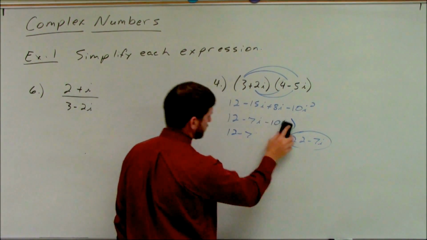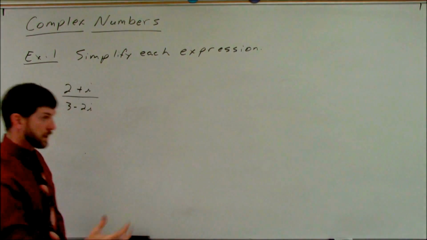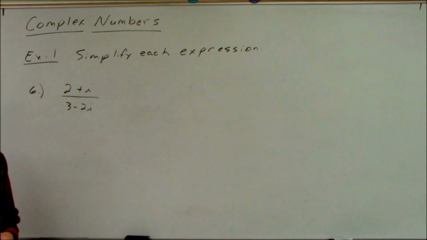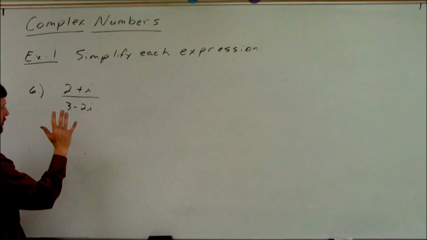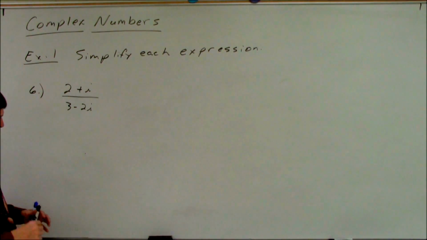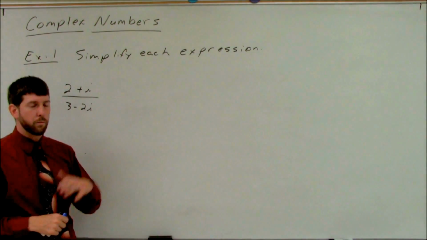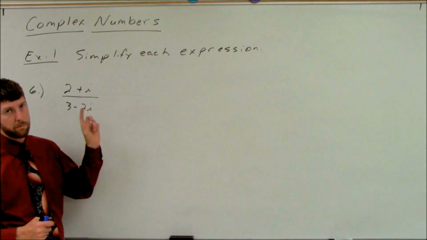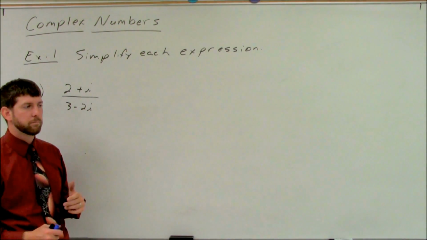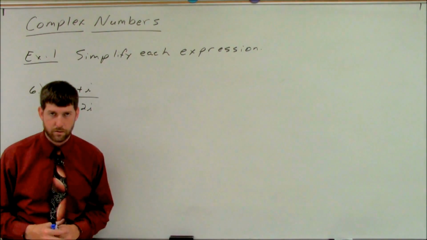Now to be able to work this out, to get a single complex number, some real component plus or minus some imaginary component, I've got to use what I remember about radicals. i is just square root of negative 1. We can't leave radicals in the denominator, so we have to remember we multiply. We have to create that perfect square scenario in the denominator so the square root cancels out.